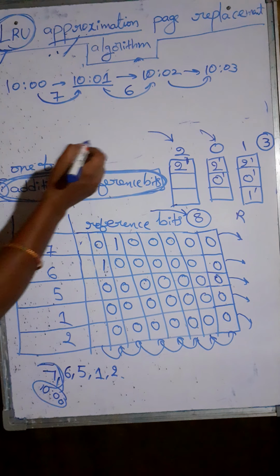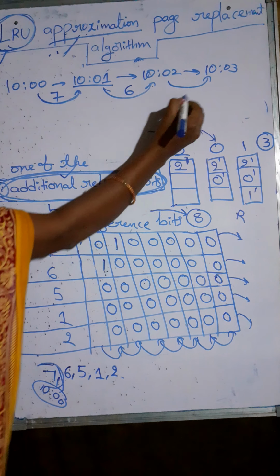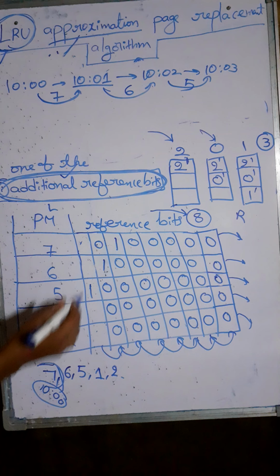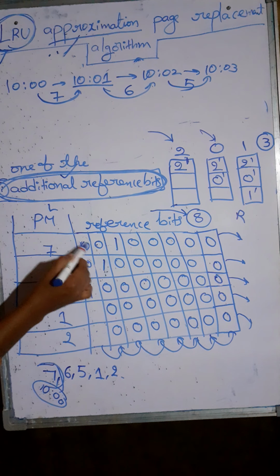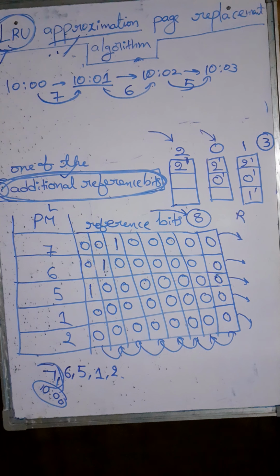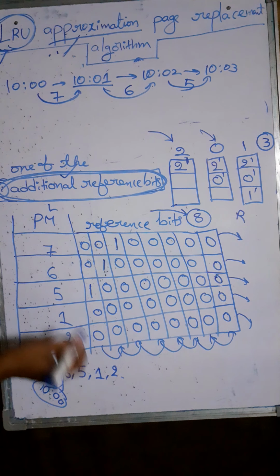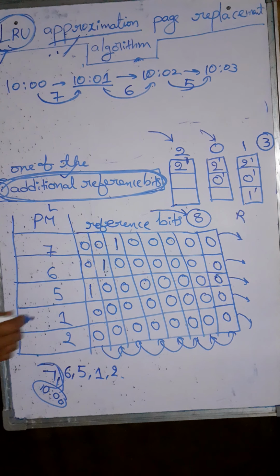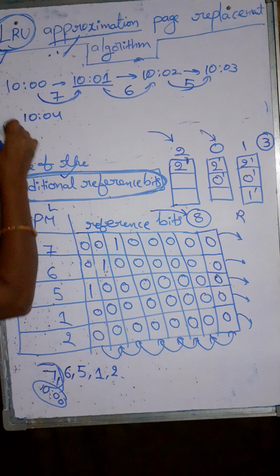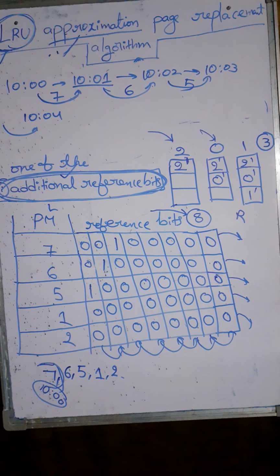Let us assume that from here to here, page number 5 is asked. So for page number 5, the reference bit is set to 1, and for all the remaining pages, reference bits are set to zeros. This process will continue. After some time, at 10:04, after 1 minute, we should perform the same operation.